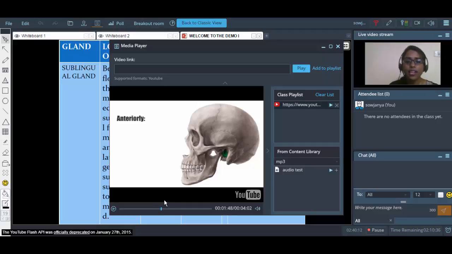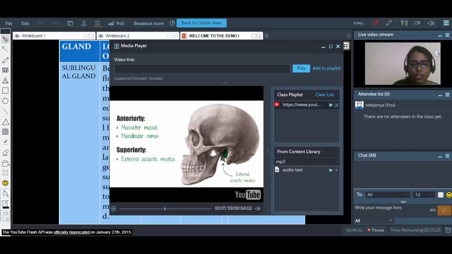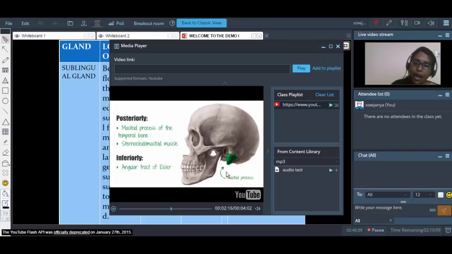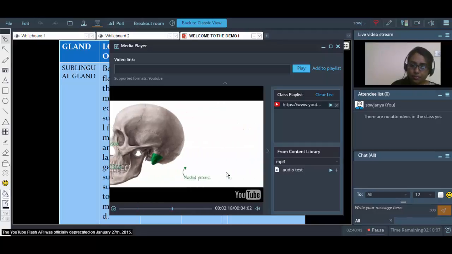Now we can see the relations of the parotid gland. It is related anteriorly to the masseter muscle and the mandibular ramus, superiorly to the external acoustic meatus and the condyle of the mandible in the glenoid fossa, posteriorly to the mastoid process of the temporal bone and sternocleidomastoid muscle, and inferiorly to the angular tract of Isler.